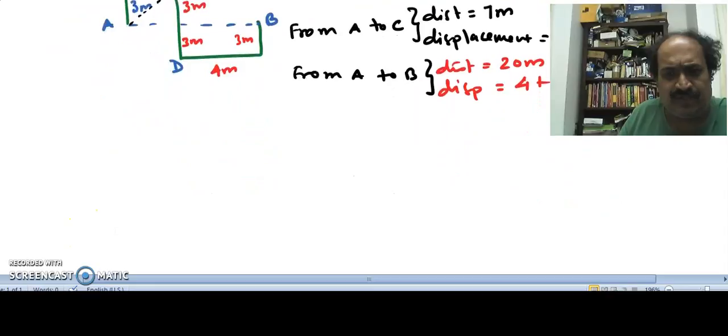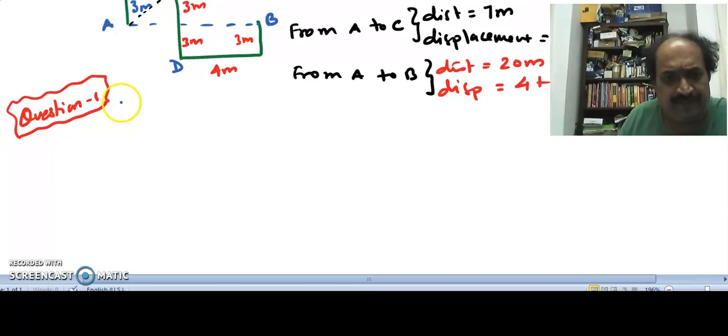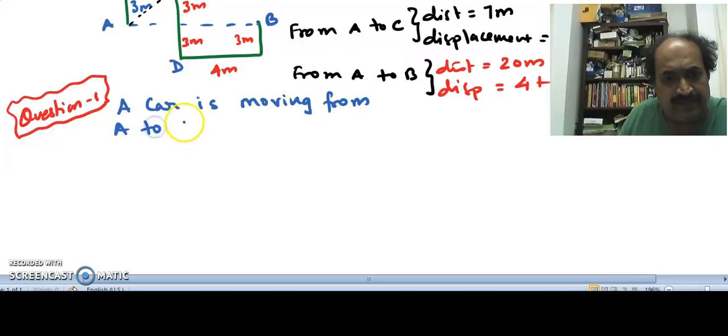Okay. Now let us do some question here. Let's say question number 1. And the question says, a car is moving from A to B as shown.